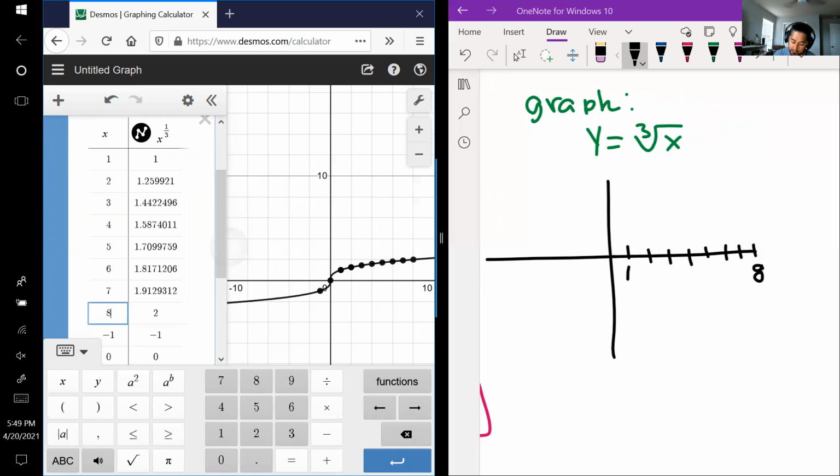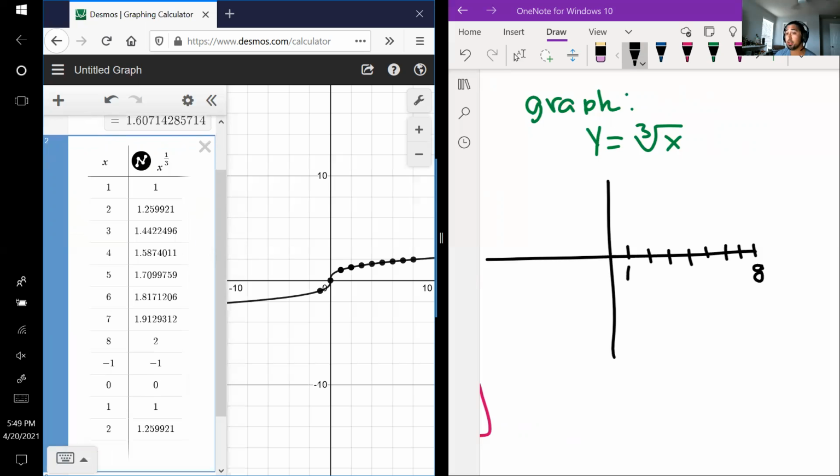Okay. So looking at these y values on the left side, the only clean ones are 1 and 2, and that's technically all we need. So over here, I have 1, and over here, I have 2. So 1, 1, and then 8, 2. So my function would curve up just a little bit from there to there.